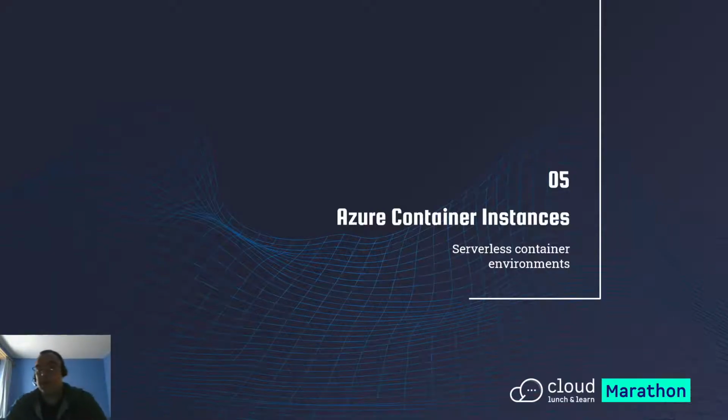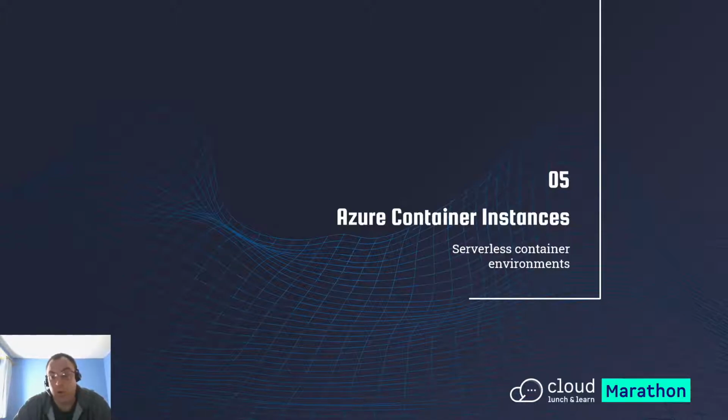Now, the last topic that I want to talk about is, of course, the Azure Container Instances service. Now, ACI or Azure Container Instances is a true serverless container environment, right? Often when you think about containers in the cloud, we think about Kubernetes, we think about OpenStack, or we sometimes hear customers come with, oh, I deployed a couple of VMs and we're doing Docker Swarm or something similar on top of these.